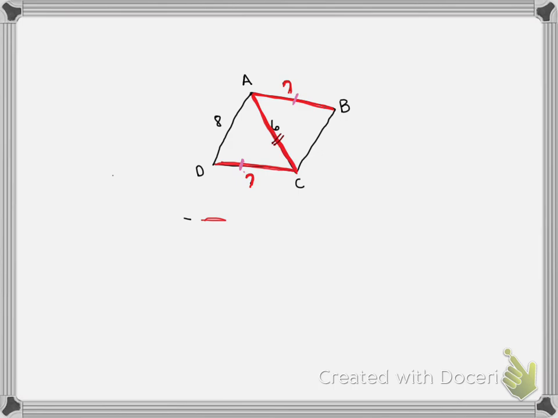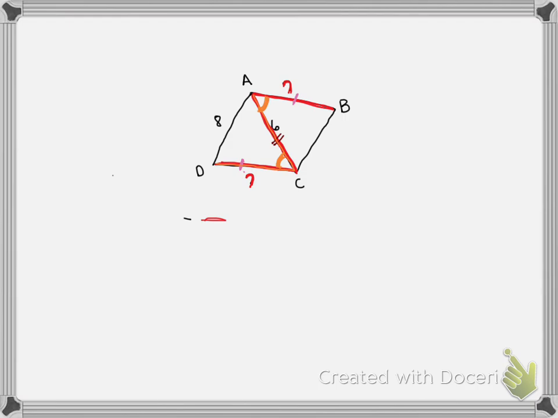So if we're looking at SAS, we have to have the angle nestled in between the two sides of each respective triangle, meaning this angle right here, which is nestled in between AC and DC, would have to be congruent to this angle up here, okay?